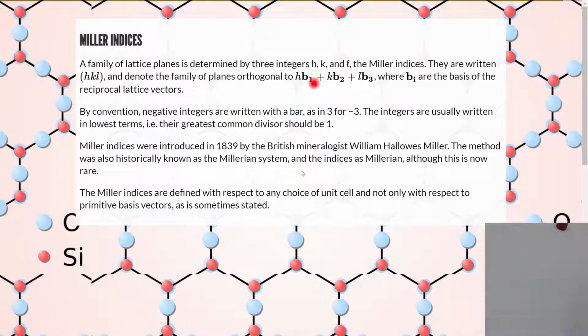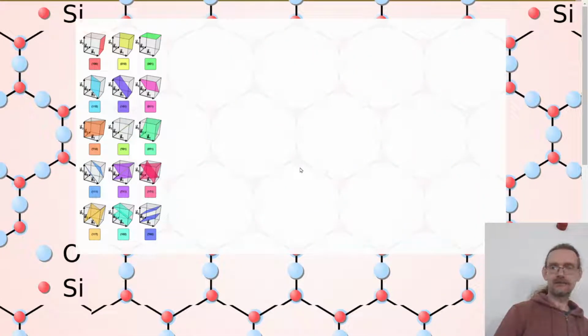And actually this is called the Miller indices, and it's just written with brackets and 3 integers, and they're also the normal vector to the surface that you're looking at.